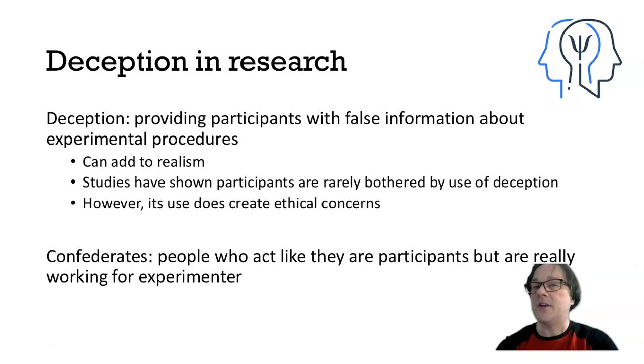So confederates are people who are working for the researcher who act like they are participants, right? So other participants think that these confederates are just other participants, right? But they're not. Those confederates are actually working for the researcher, and they're in on the study, right?